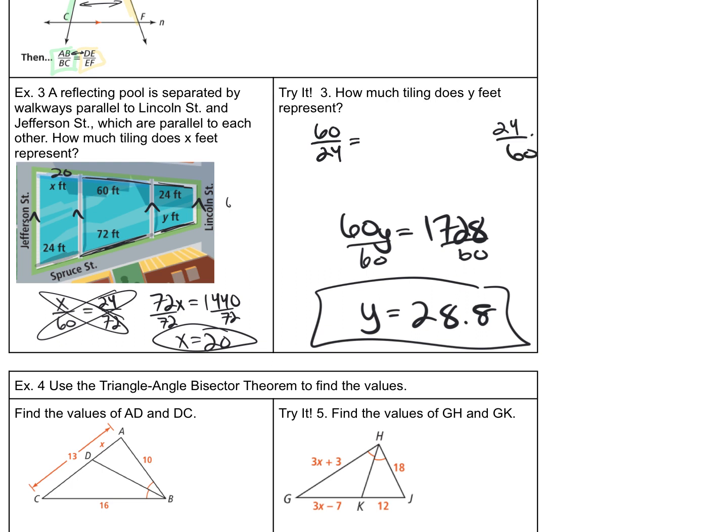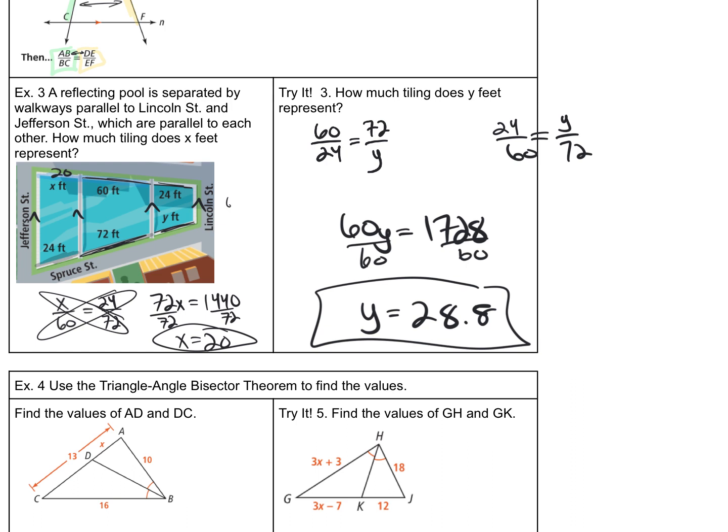And then depending on how you set up the first fraction, for the next fraction you would want to make sure you put the sides that are directly across from it. So either 72 over y or y over 72. Once again, as long as those fractions individually look the same, it doesn't matter what fractions on the left, what fractions on the right.